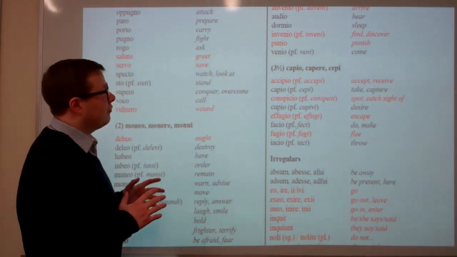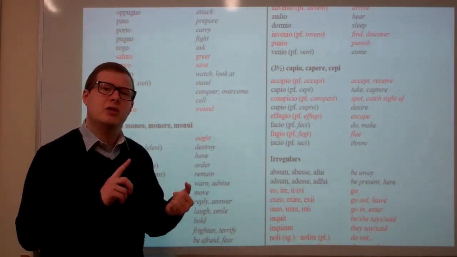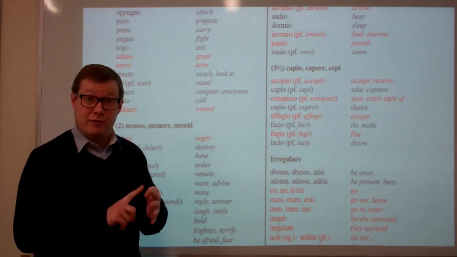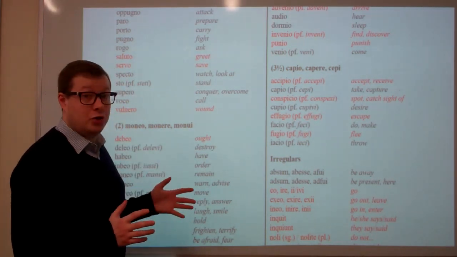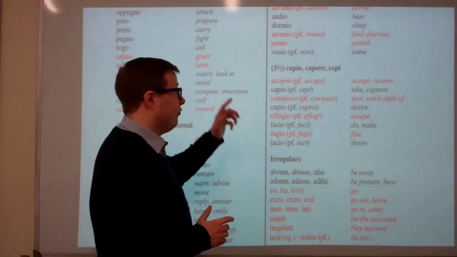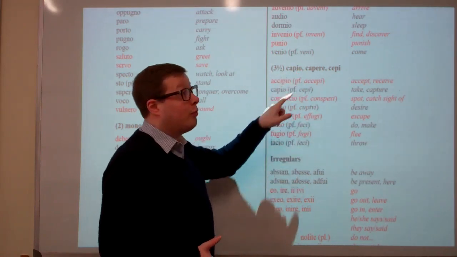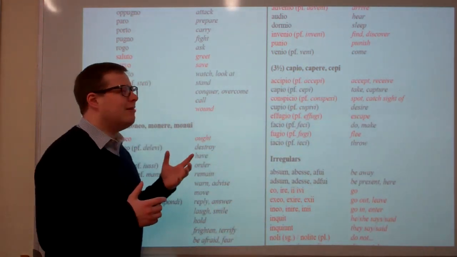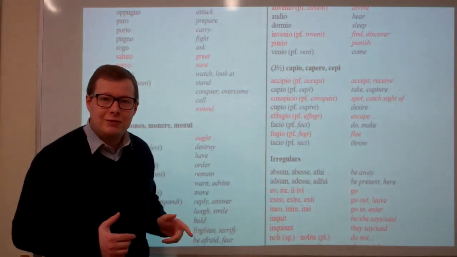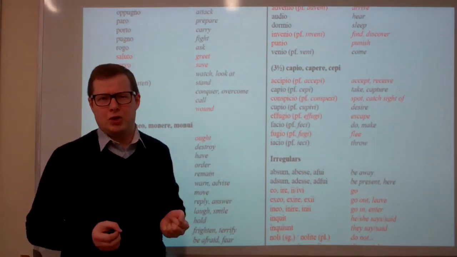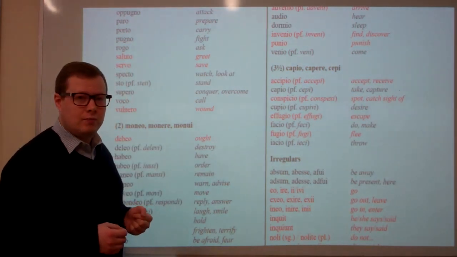Indicative forms of 3.5 conjugation verbs, so the basic tenses, present, future, imperfect, perfect and pluperfect, operate in the same way as the fourth conjugation. Note, like the fourth conjugation, they have these I stems in their root or present stem. But then their infinitives, like capere here, and their imperatives operate like the third conjugation. So they're a slightly odd hybrid between the two.